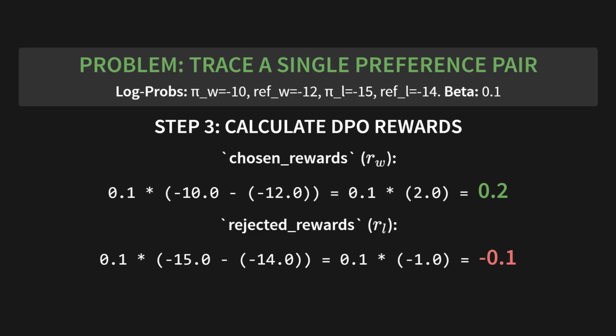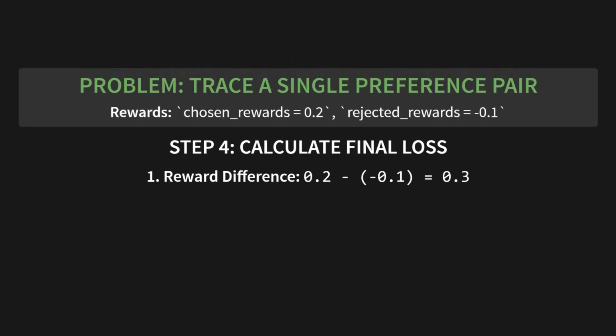That's 0.1 times -15 minus -14. That's -1. So 0.1 times -1 is -0.1. Look at that! A positive reward for the winner, a negative reward for the loser. It's working! We're on the home stretch. Our rewards are chosen equals 0.2 and rejected equals -0.1.